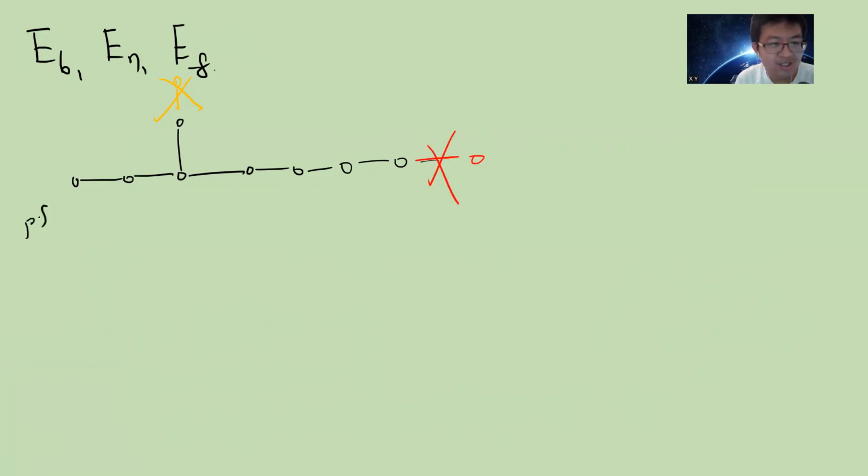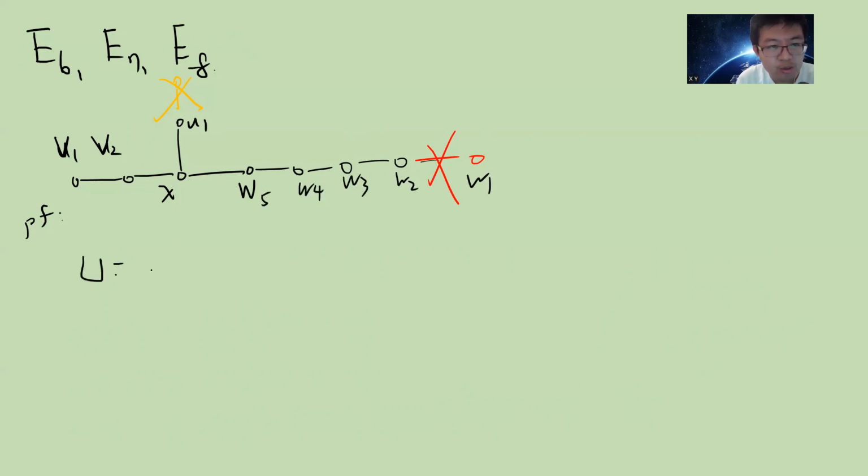Proof. This is an interesting proof. I don't know who is the first guy who came up with this result. Let's say u1, u2, x, and this is v. Let's call this v1, v2, u1, and w1, w2, w3, w4, w5.